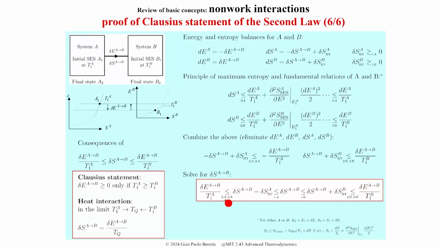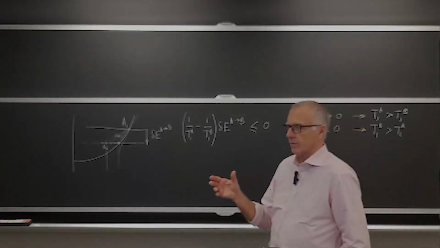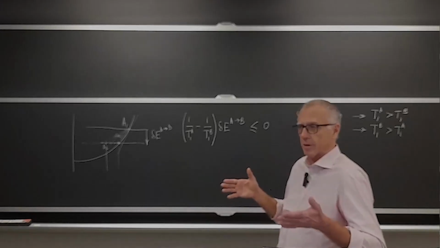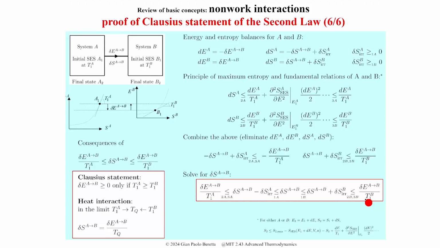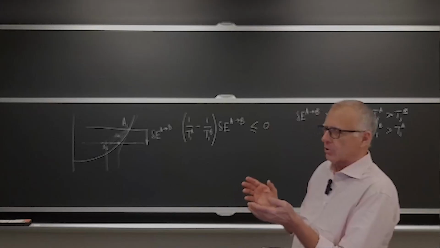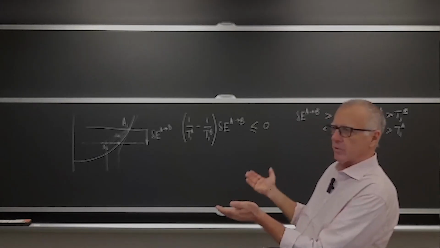Now, it's clear also that since these two extreme values are different, if I start from different temperatures, it's impossible that all the strict equalities apply at once. Otherwise, I would have a situation in which one number is different from a different number.